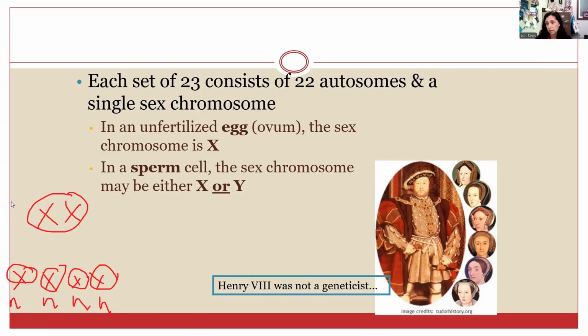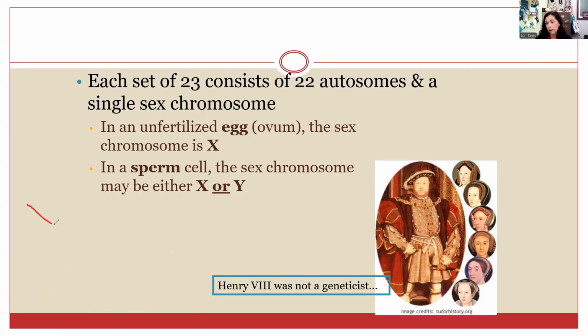Okay, now think about this. If you're a biological male and you have gonads with XY, okay, when you go to make sperm, you've got X and Y. So when this replicates and then double splits, I'll show you that in a second, some of your sperm cells are going to have X's in them because you're going to replicate that DNA.